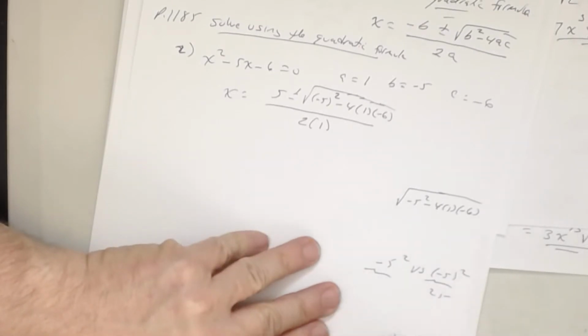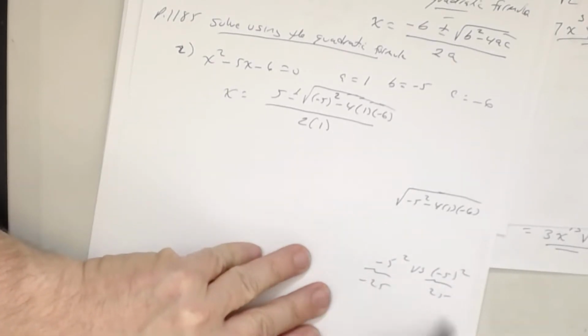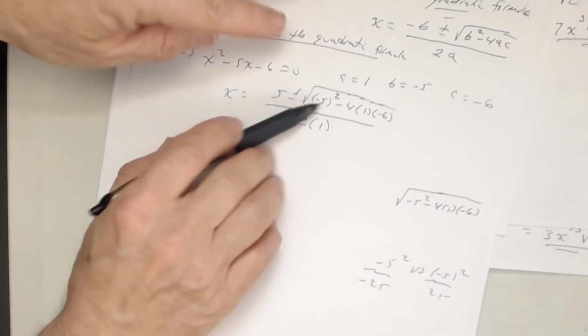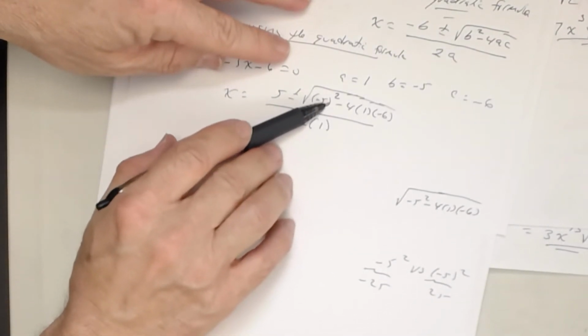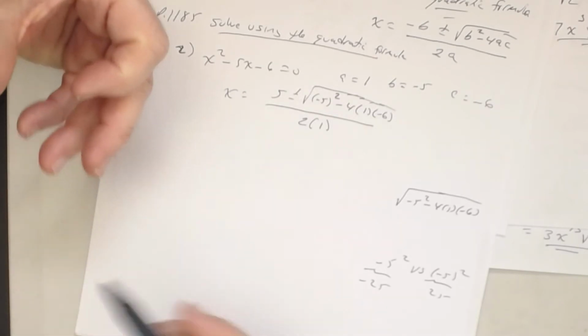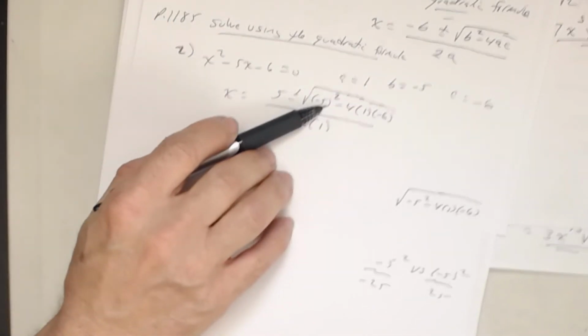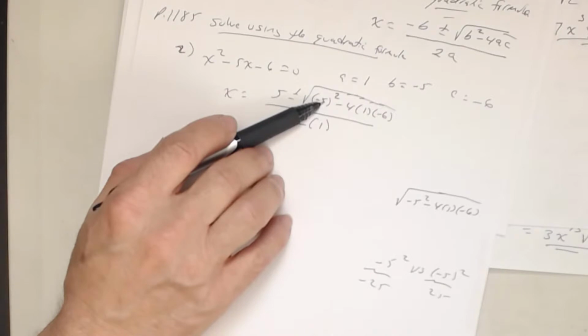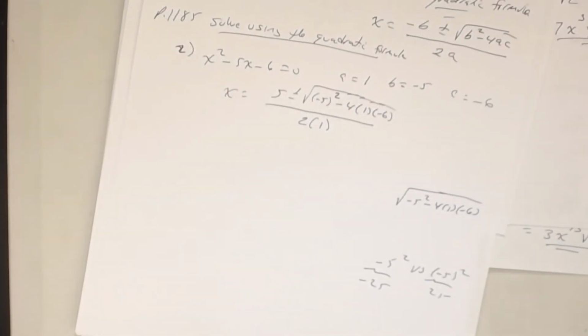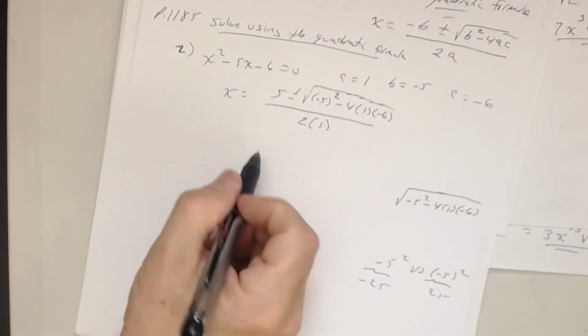What is this right here? Negative 25. So whenever you square b, whenever you square something, it has to be positive. Some students will make the mistake and say that's a negative 25, which is not. It's supposed to be what? Positive, because you're squaring a number. Whenever you square a number, it's either positive or 0. Never negative. So that's why the parentheses are important.